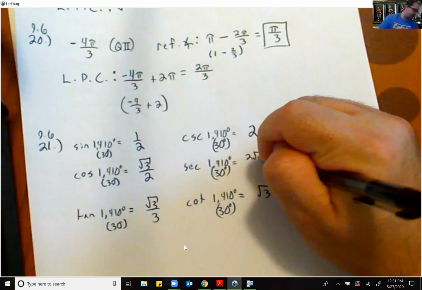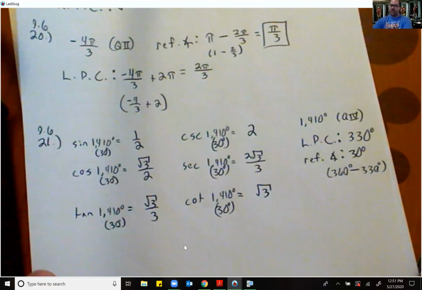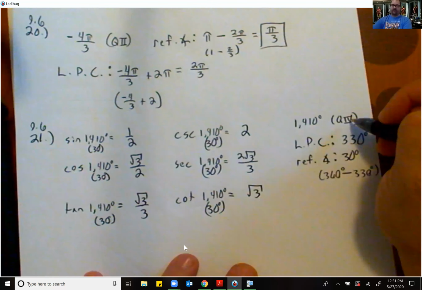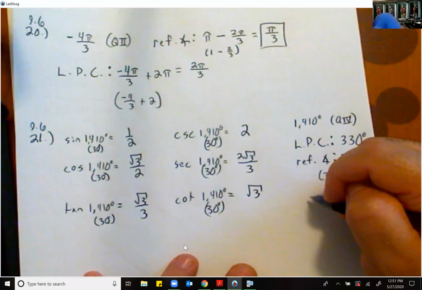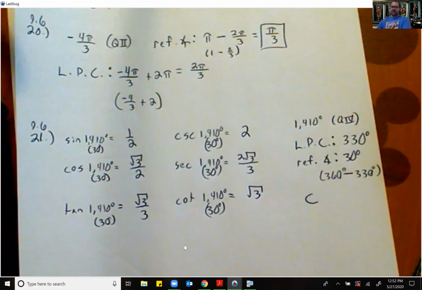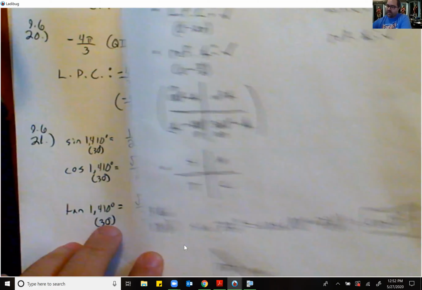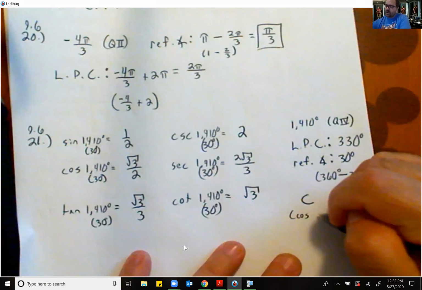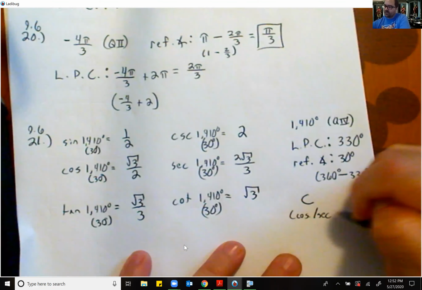Now the last thing you've got to do is to check the signs. We are in quadrant 4. In quadrant 4, we have the letter C. C means that cosine and its reciprocal, which is secant, are positive.